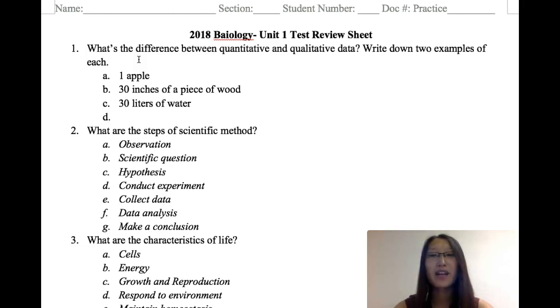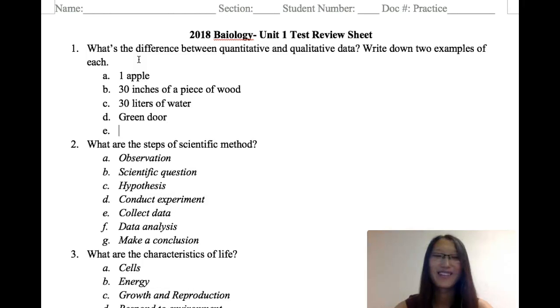Examples of qualitative data, basically everything else. When you can describe the outside appearance of something, the color, the size, and all that. Anything that you cannot measure directly. So let's say a green door, that'll be ugly. That's qualitative data.